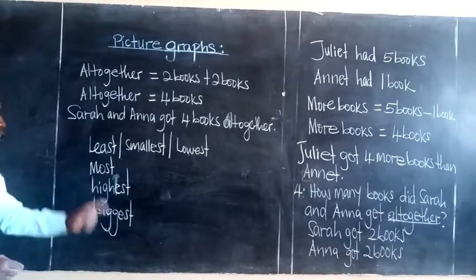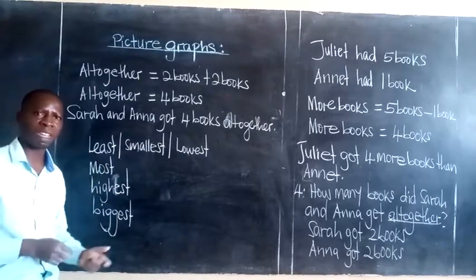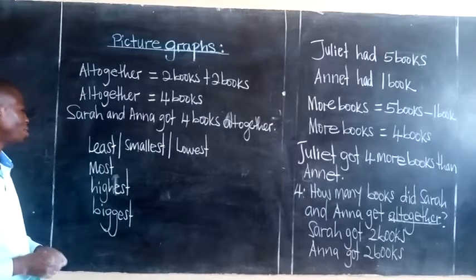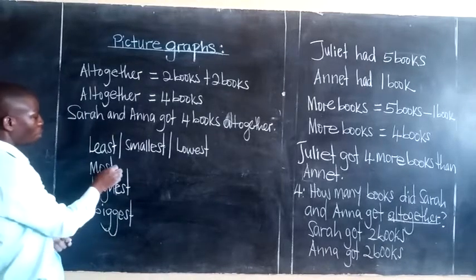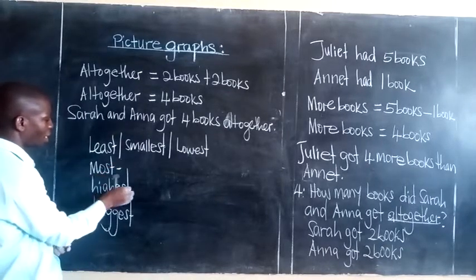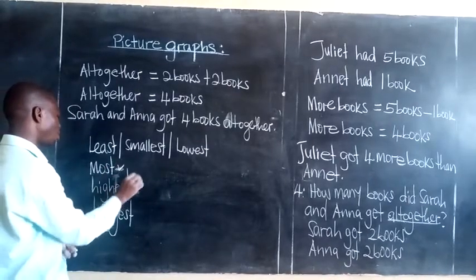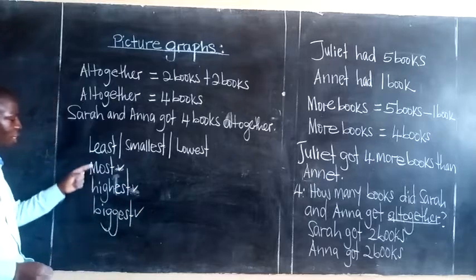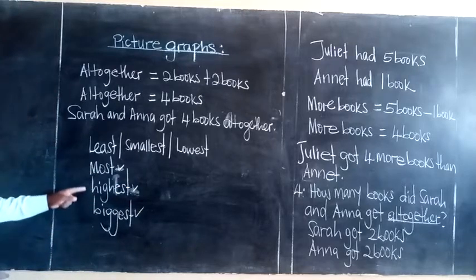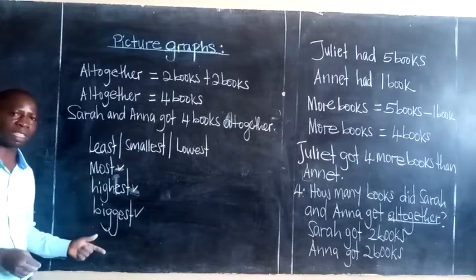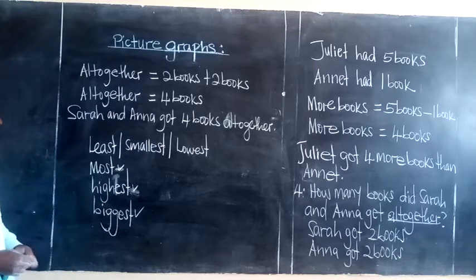The smallest number, the least number, the lowest number, they carry the same meaning. Most is the same as highest. These ones are the same. Most, highest, biggest, they carry the same meaning.